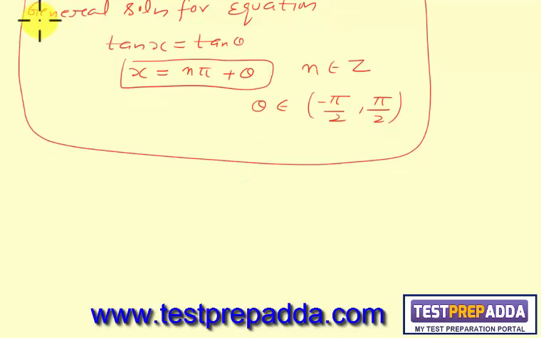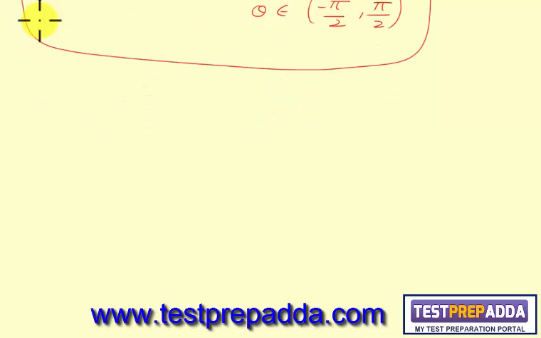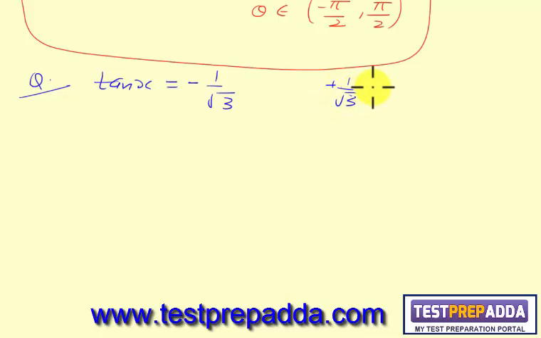Now to understand this, I'll take one example here. If I write tan x is equal to minus 1 by root 3. Recall plus 1 by root 3 is the value of tan pi by 6, tan 30 degree.